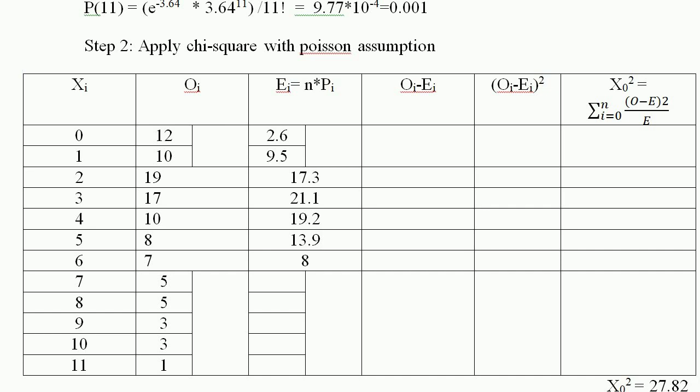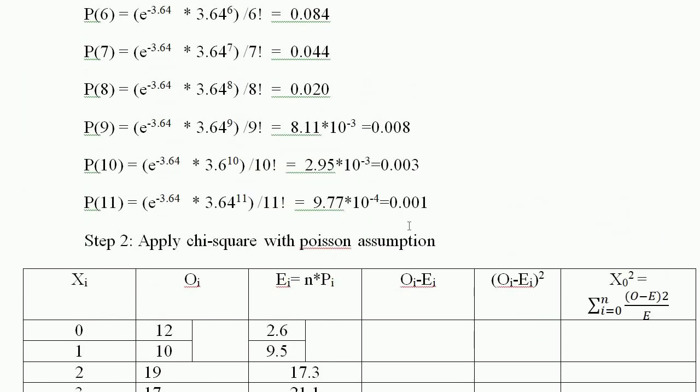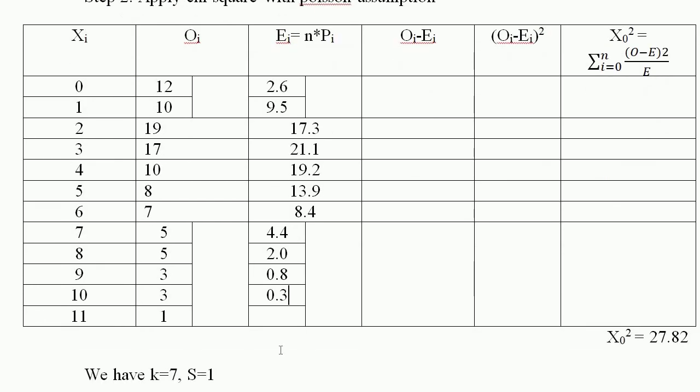Next value 8.4, and the next value is 4.4, next value is 2.0, next 0.8, next 0.3, and the last value P11, you can see here 0.001. So you write that value into 100, so you will get 0.1.